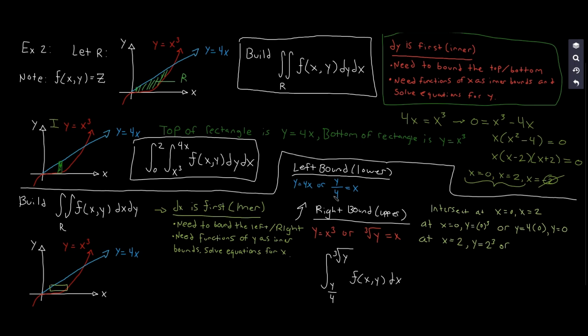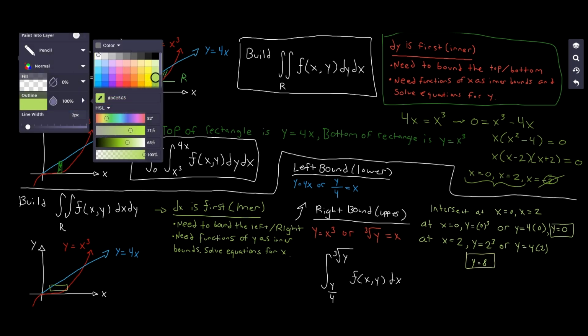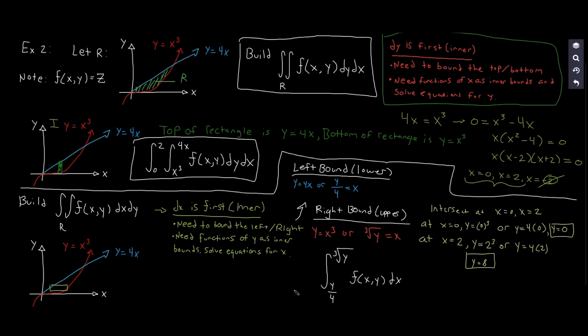Or in the other case, y equals 4x, plug in 2 for x, equals 4 times 2, which also equals 8. So we can confirm that y equals 8. So we have y equals 0 and y equals 8. We just plugged in the two x intersection points, right?